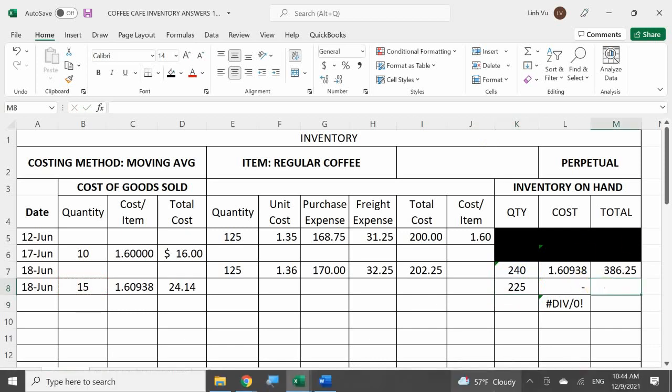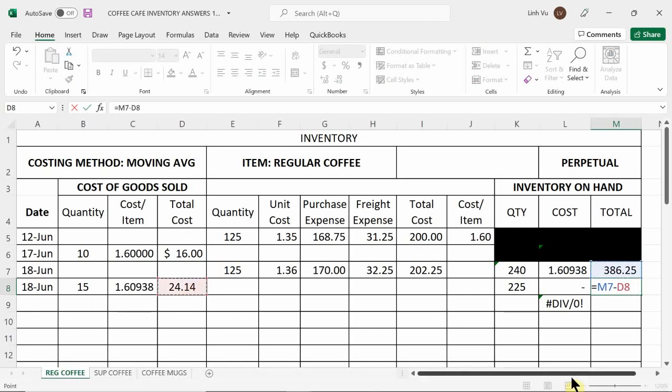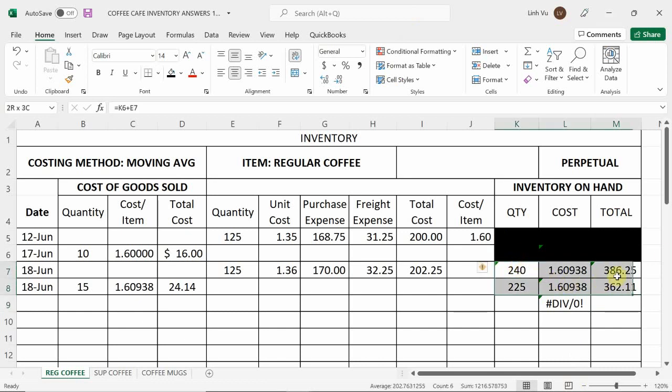And if I started out with $386.25 and I sold $24.14, how much should be my total cost in my inventory? 362.11. Here, the cost per item has not changed by much, so that means we are okay.